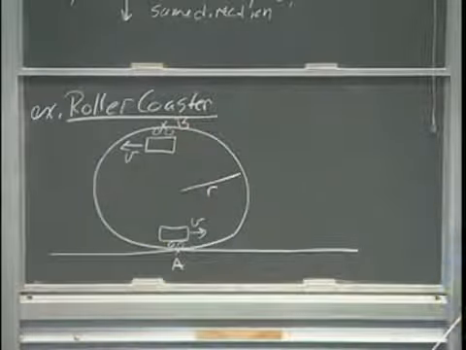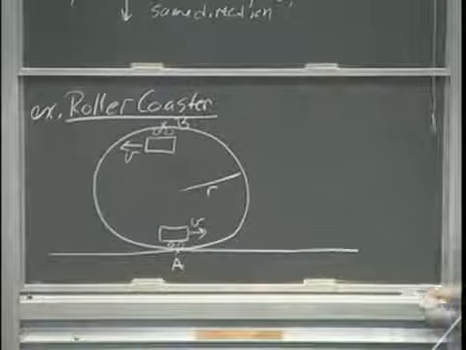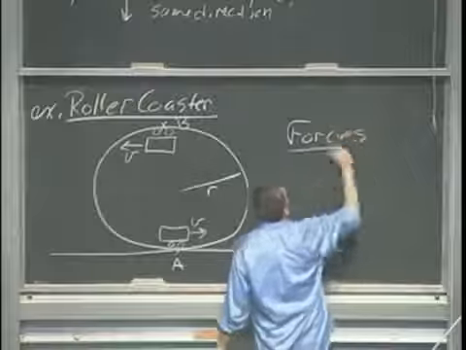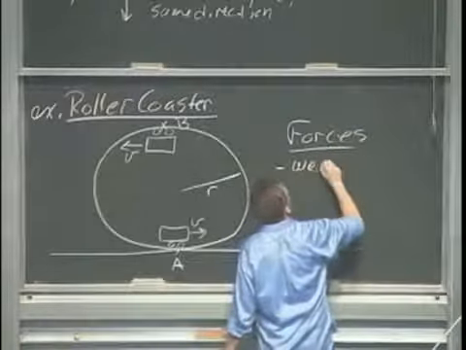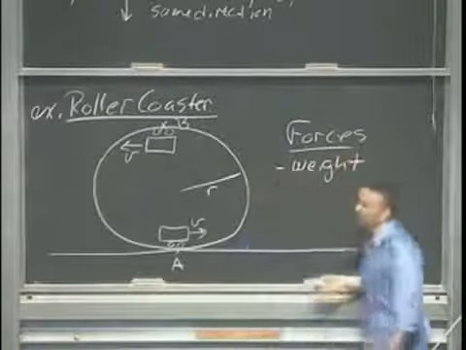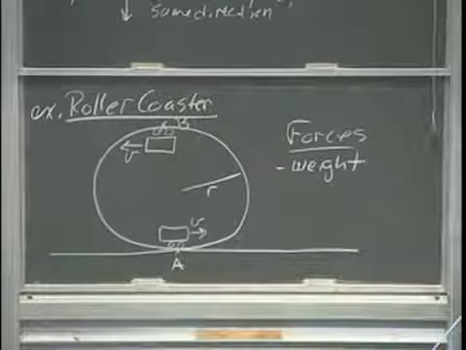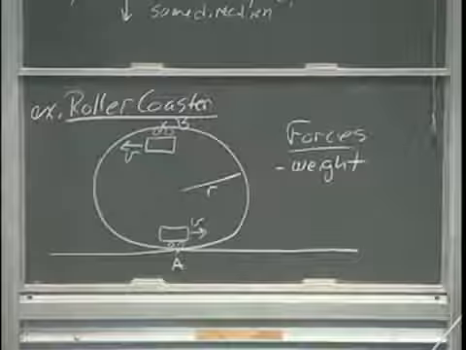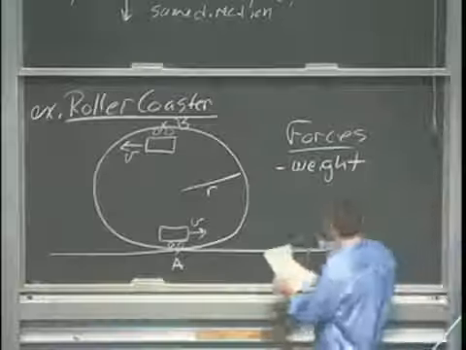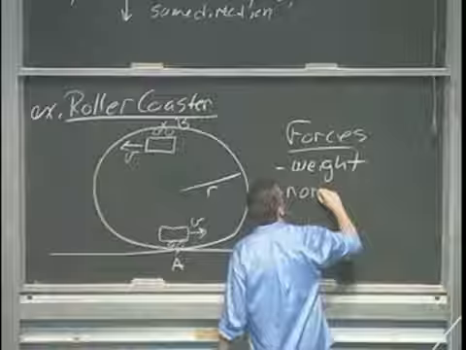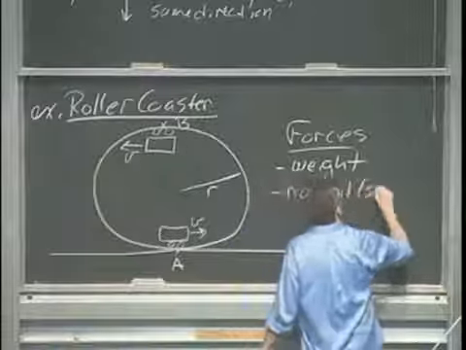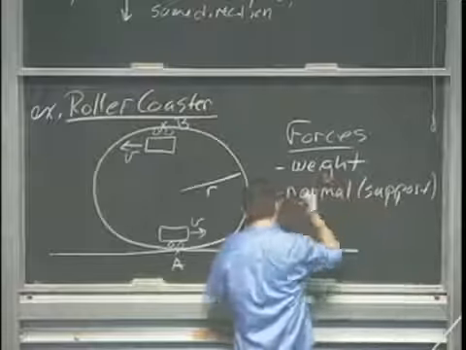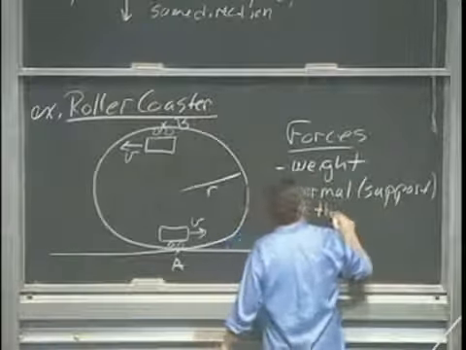And let's think about the forces that are acting on this car. There are two forces that we need to take into account. There is the weight of the car, so that's the gravitational force, and we know the gravitational force is always directed downwards. And there is the normal force, or the support force, of the track.